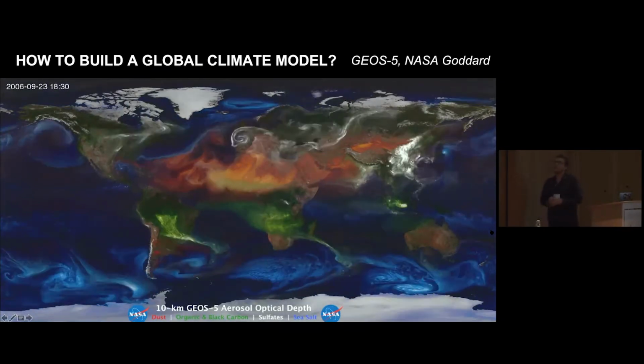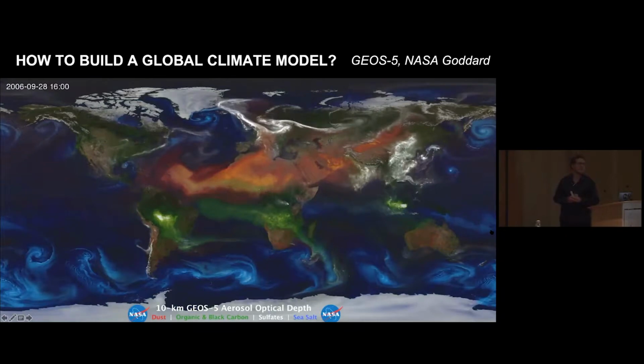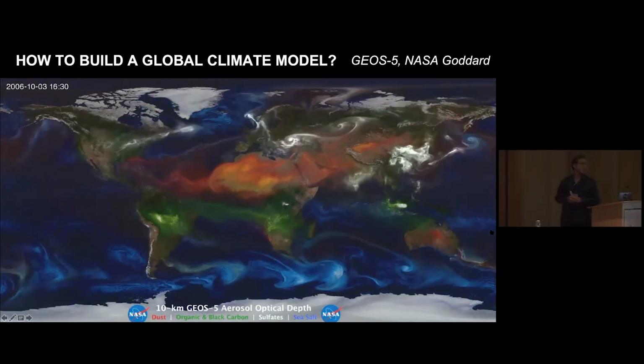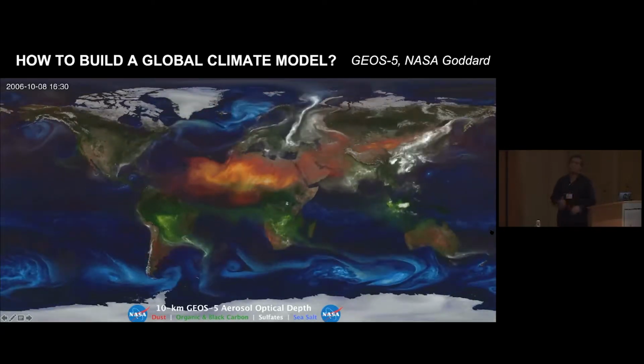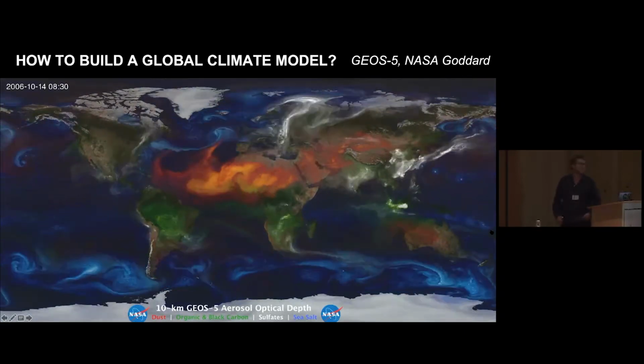So there are, in my view, two extremely beautiful things in this movie. The first one is that this movie actually comes from numerical climate simulations. To be more precise, it's a three-dimensional, free-running, full 3D global climate simulation.